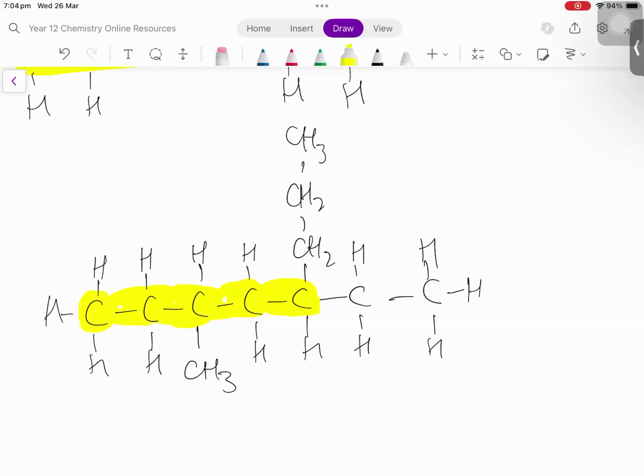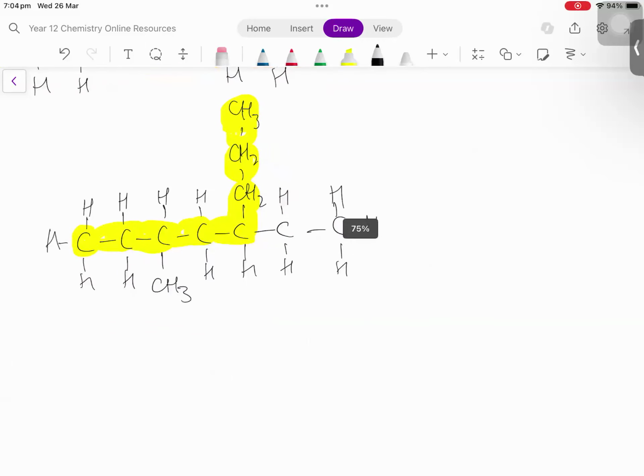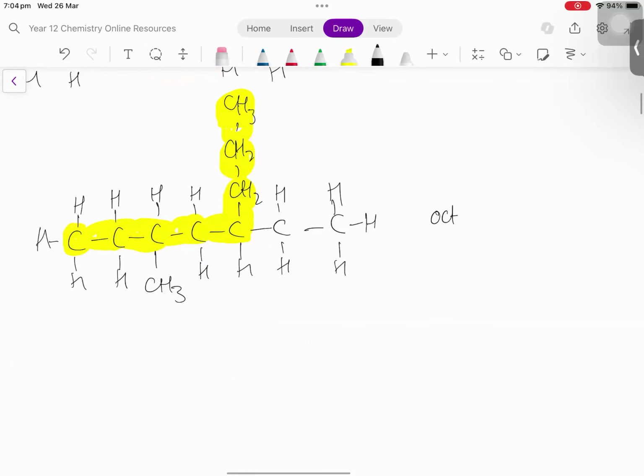It can bend. You just can't go backwards. Yeah. So I'm at 5, 6, 7, and 8. So I'm going to go up this way instead. This is my longest chain. Okay. All right. What's the prefix for 8, please? Oct. Cool. What's the main functional group you see here? All of the carbon-carbon bonds are what kind?